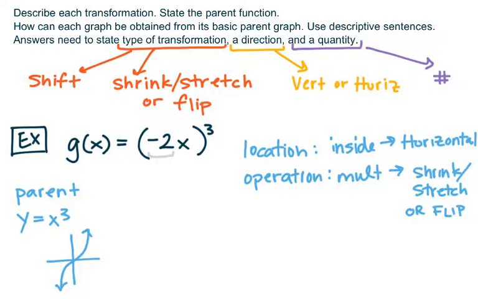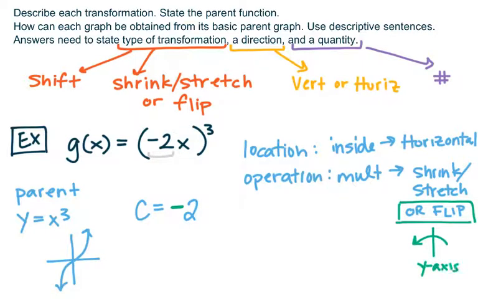Now the variable we use to represent that, we would say that C equals negative 2. All right, now because it's negative, we're multiplying by a negative, we automatically know there's going to be a reflection. So there's going to be a horizontal reflection. If you reflect horizontally, you're going to go across the y-axis. Okay, so we know there's going to be a horizontal reflection.